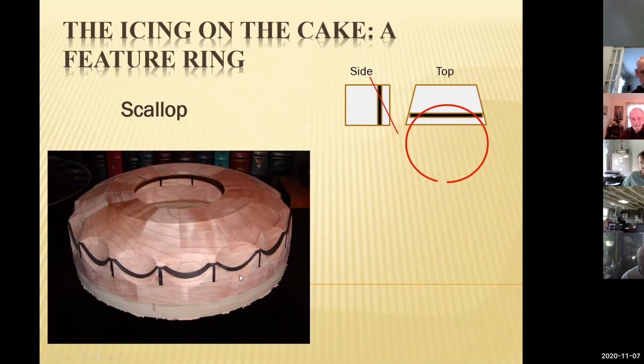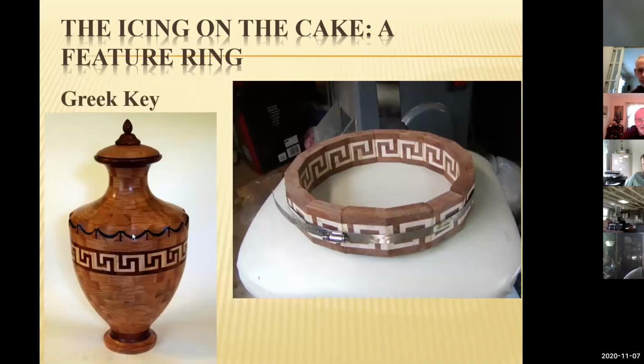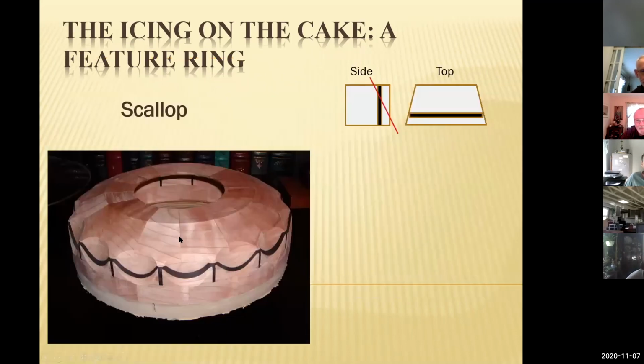I did some experimenting first, and then just rested it against the spindle sander, let it go until it reached the 2 ends. And what it ended up with was this scallop appearance, because it was coming at an angle. So I got this scalloped appearance, and not perfect, but I thought it gave it a nice effect.